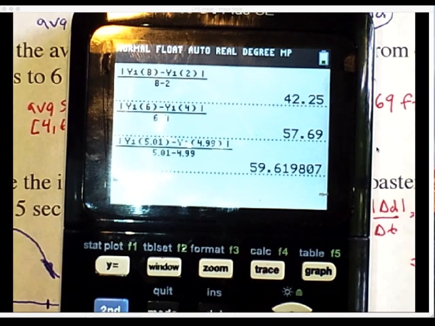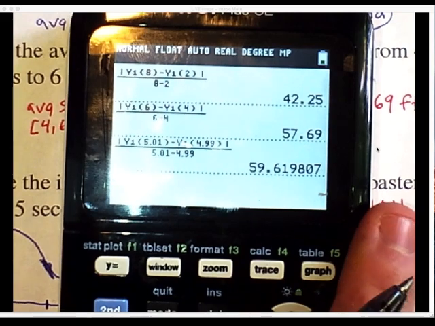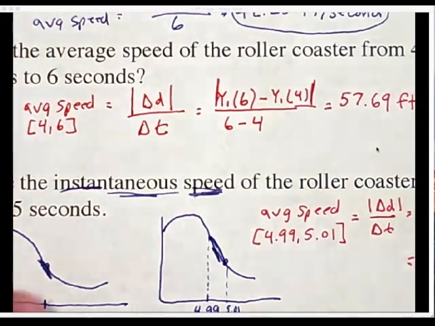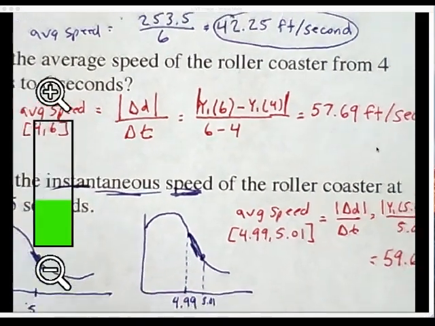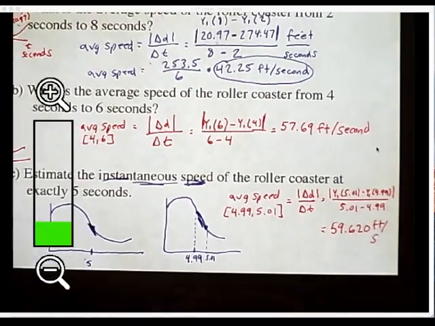And there's the slope, 59.62, or 59.620 if I round to 3 places. Feet per second. Okay.